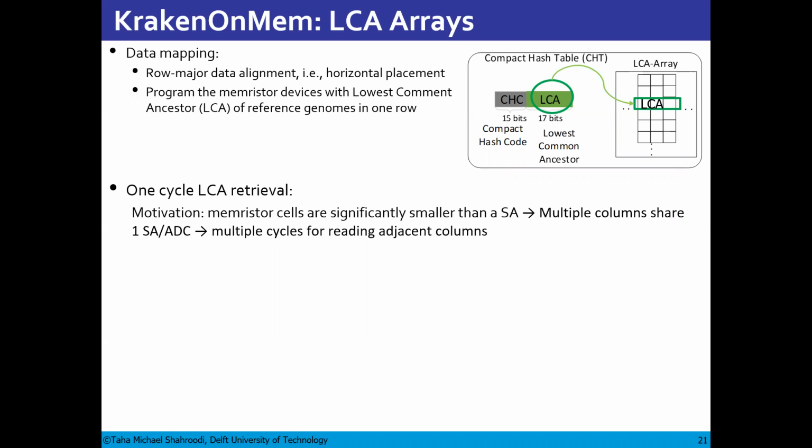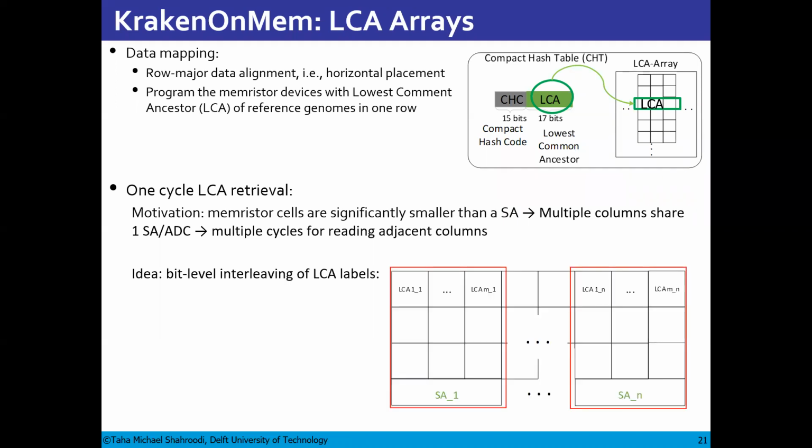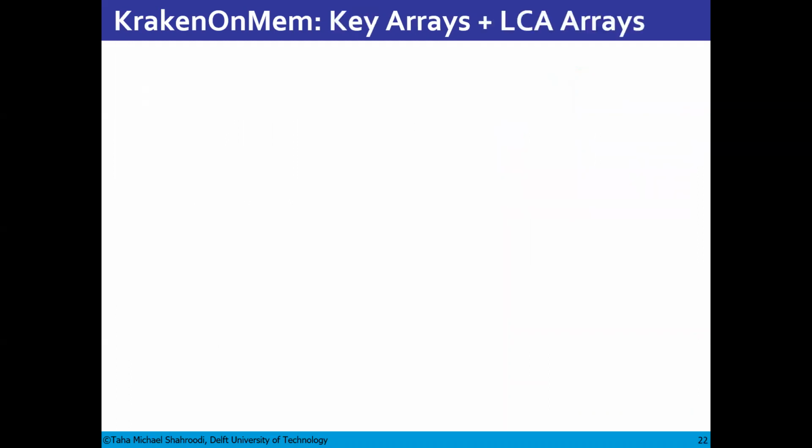Therefore, to not waste area and maintain the cost advantage of emerging memory technologies, we typically use fewer sense amplifiers or digital converters than the number of columns, and use time multiplexing techniques to read out the whole row. To overcome this limitation, LCA arrays store the interleaved LCA labels as shown in this figure. This way, we allow the LCA arrays to read all the bits that belong to one label simultaneously.